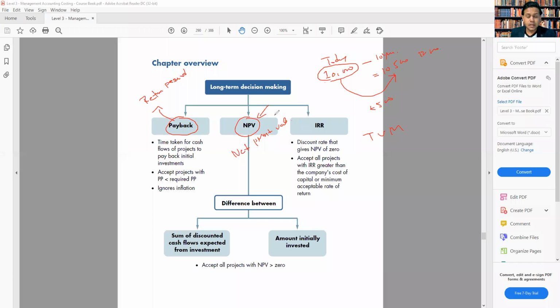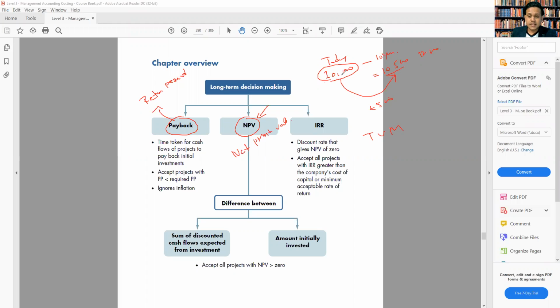By using the NPV formula, we bring the future value back to today's value. For example, if someone says, I'll give you 10,500 in 10 years' time, I say, okay, wait, let me see how much the value of the 10,500 is today. Whatever you're giving after 10 years, if I convert it to today's value, how much will it be?